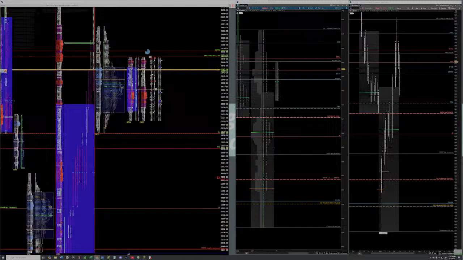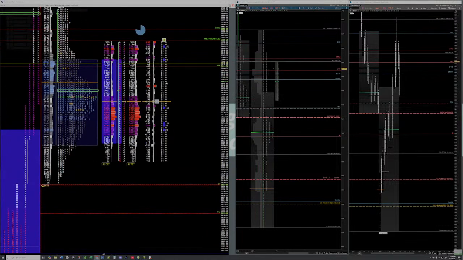Let me increase this so I can check how it looks in my small screens. Display, this is display 1 or 2.